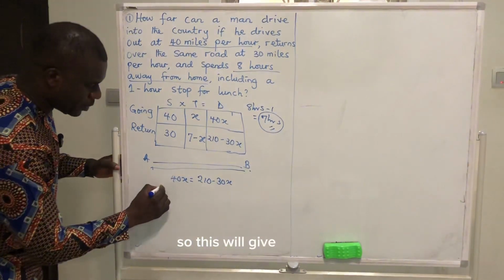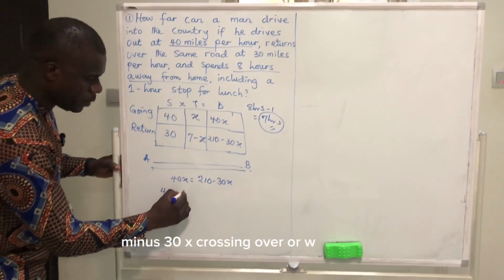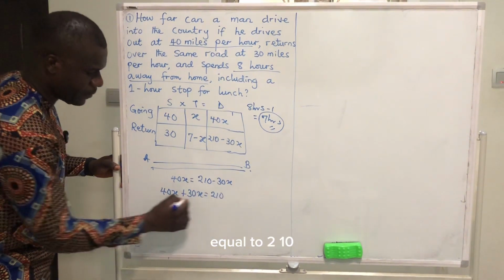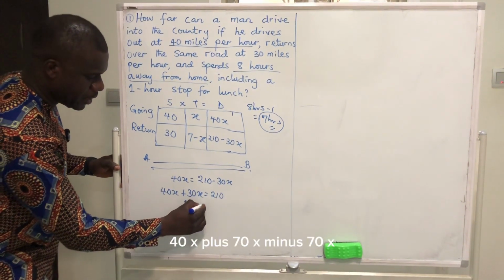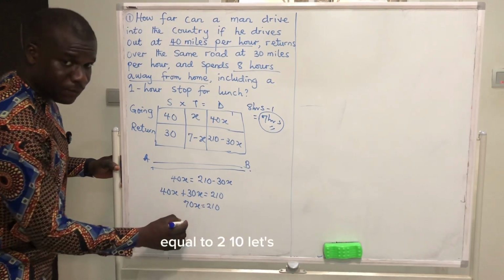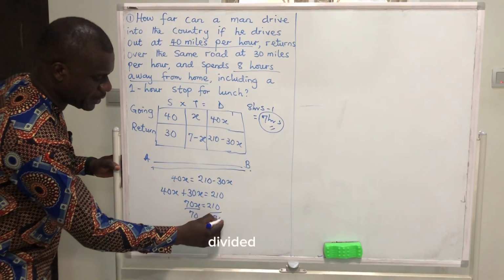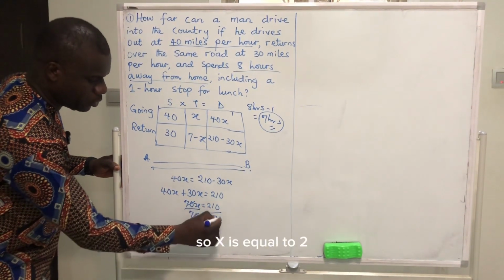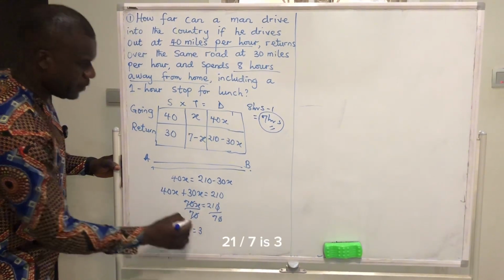So 40x plus 30x equals 210, which gives 70x equal to 210. Let's solve for x. Divide both sides by 70. 70 cancels 70, so x is equal to 210 divided by 70: 0 cancels 0, and 21 divided by 7 is 3.